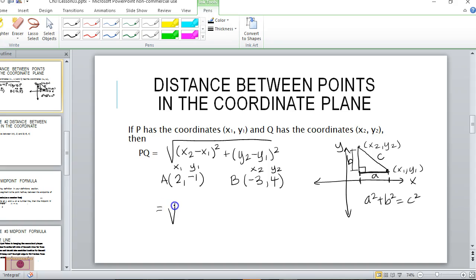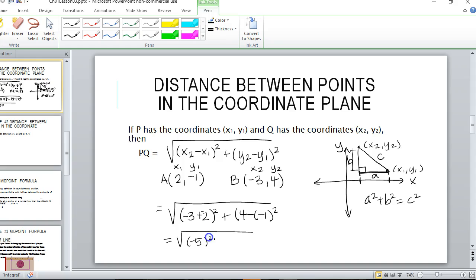So I want the square root of -3 minus 2 squared plus 4 minus a -1 squared. -3 minus 2 is the same as -3 plus -2. So -5 squared plus 5 squared, because this is 4 minus -1. We have to do these first, so -5 squared means -5 times -5, which would be 25. 5 squared, 5 times 5 is also 25. Then add those together, that's the square root of 50.